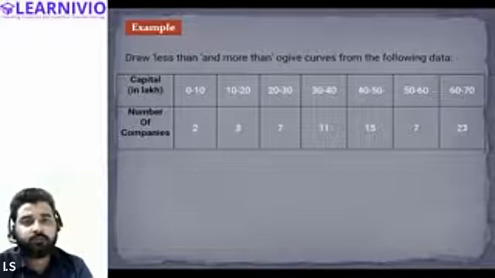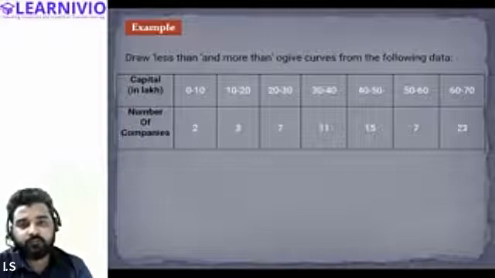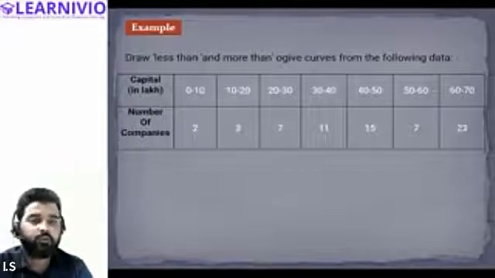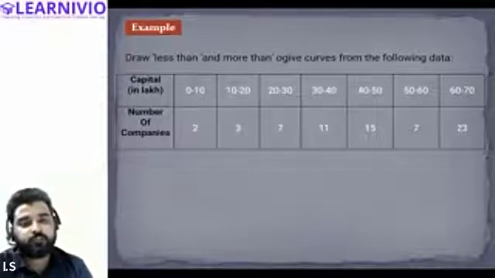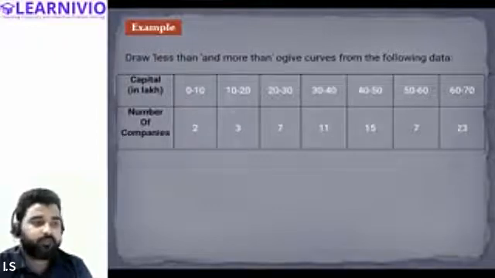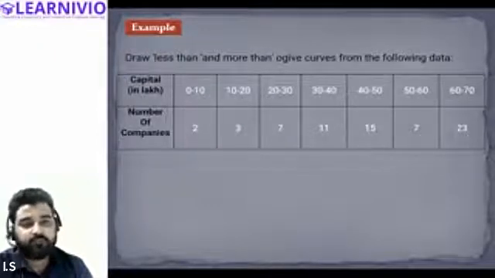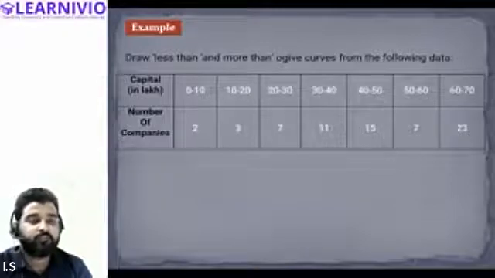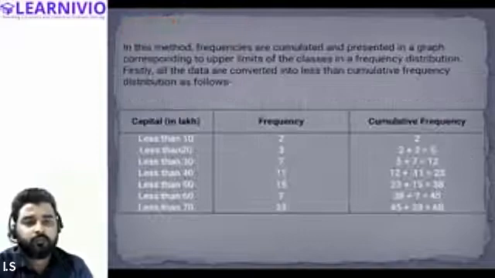In that case also we will be drawing the Ogive as we have done just now. In that situation also we need to convert the series into the cumulative series, either in the form of the more than cumulative frequency or less than cumulative frequency series. So the question will be done in the similar manner, just the way we have done just now. Okay, sir.